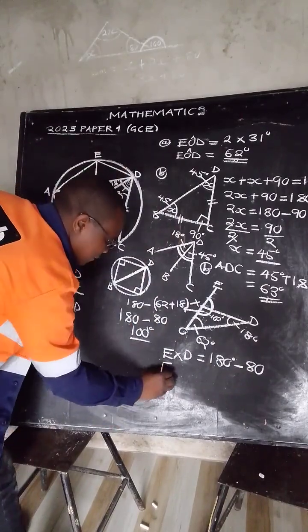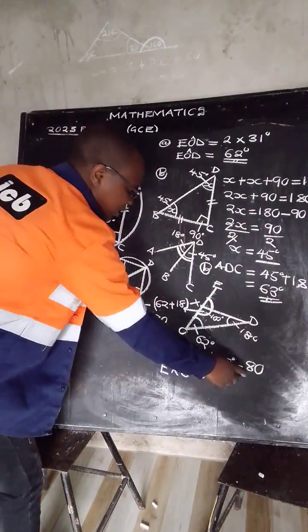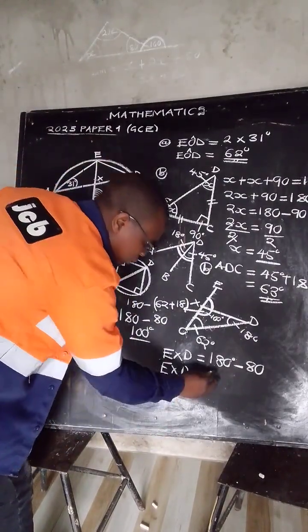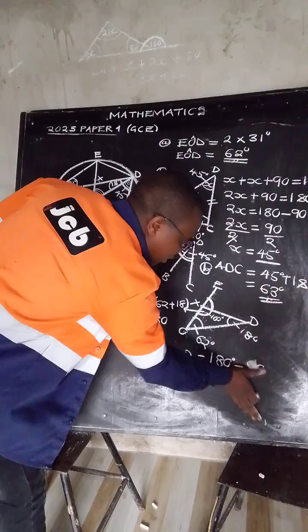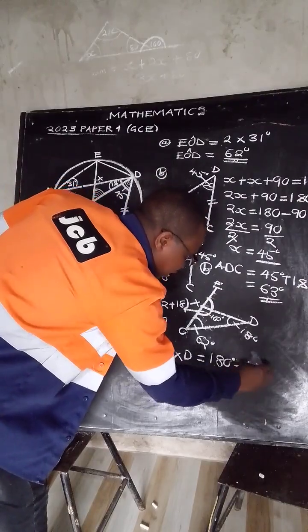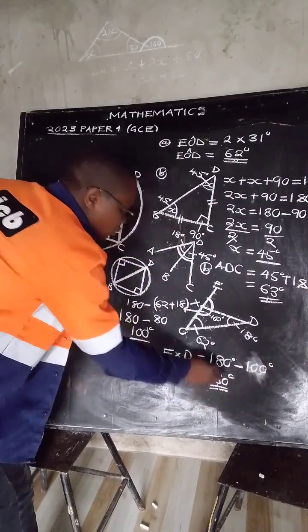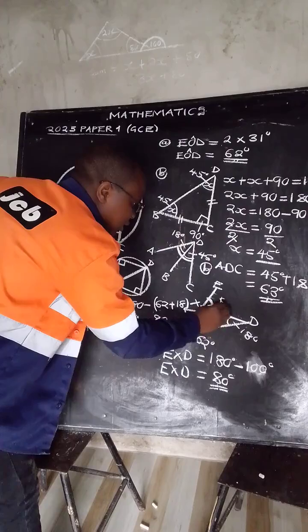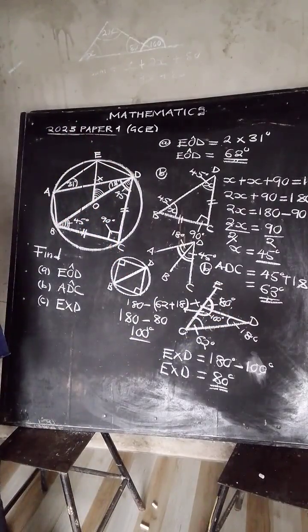So EXD is equal to 180 minus 100. So 180 minus 100, you're going to get 80. So this angle is 80 degrees.